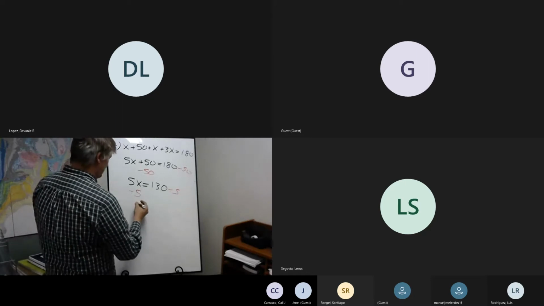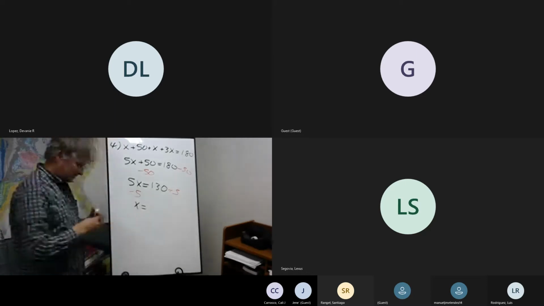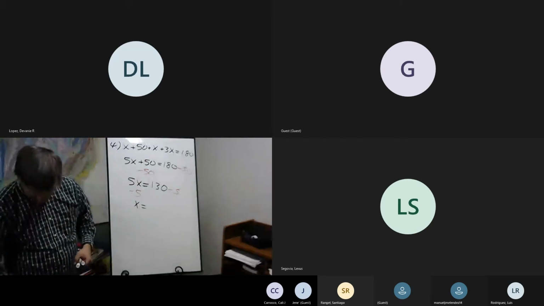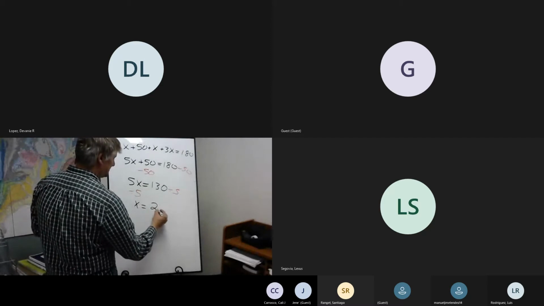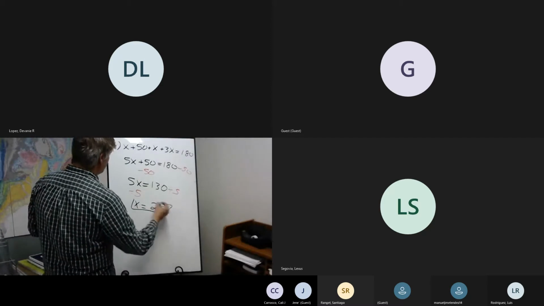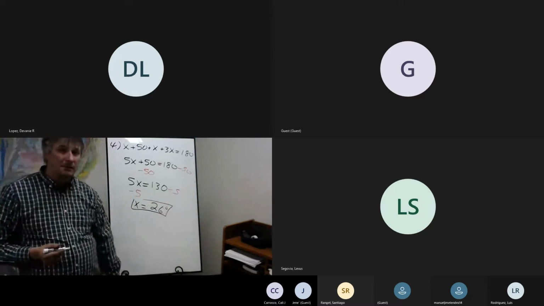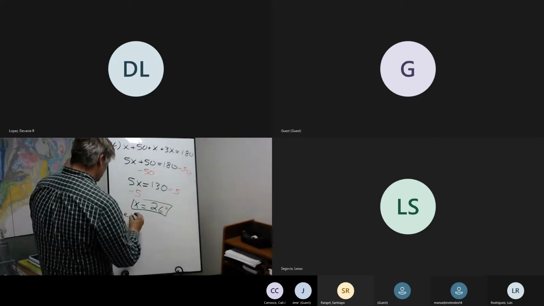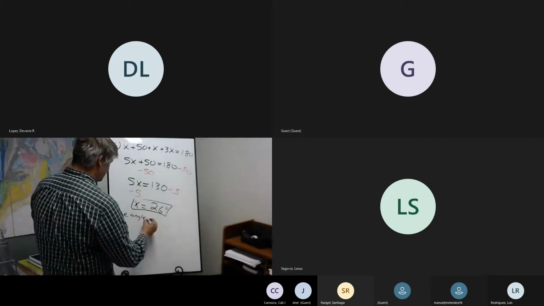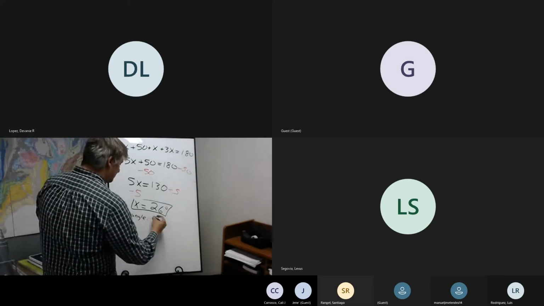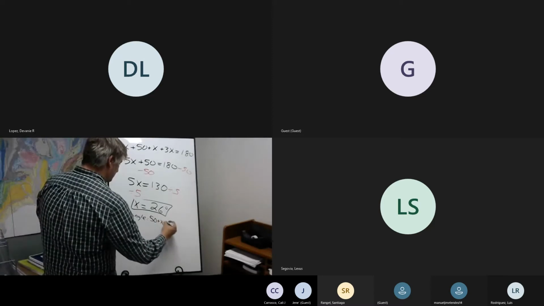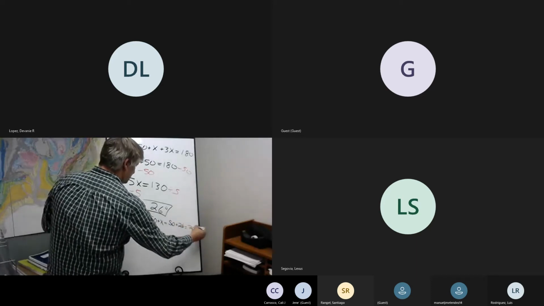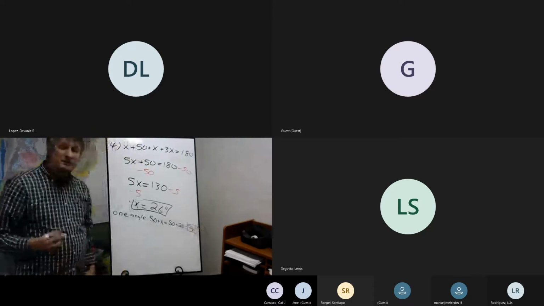Let's see, what does that come out to? For our smallest angle, it'll come out at 26 degrees. So that's our smallest angle. Now, for the one angle, well, that was 50 plus the smallest, and that's going to be 76 degrees.